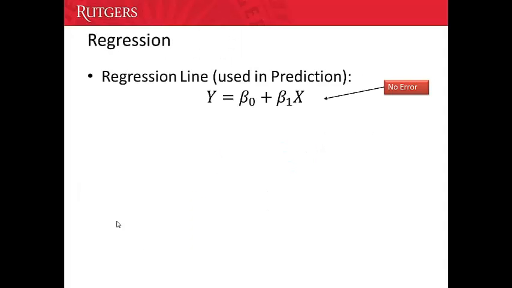When we make a prediction, you may notice in the prediction formula there is no error term, because we just use the slope information and the intercept information to make the estimation. Why do we have an error term in the regression line?